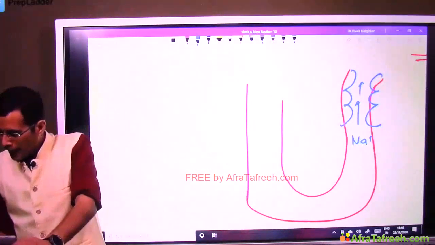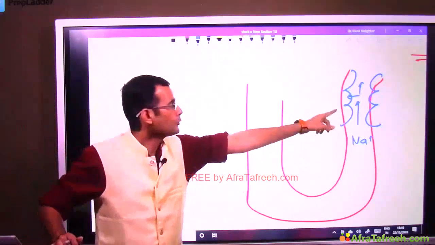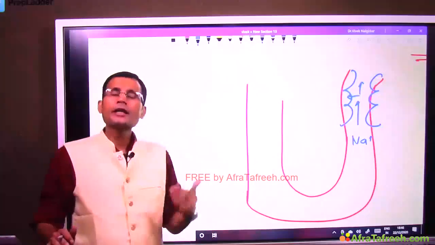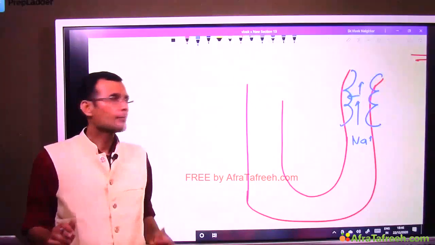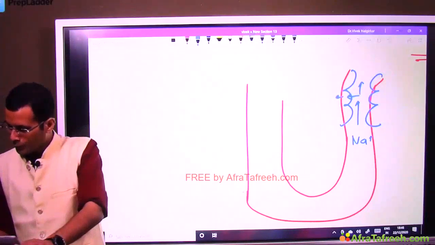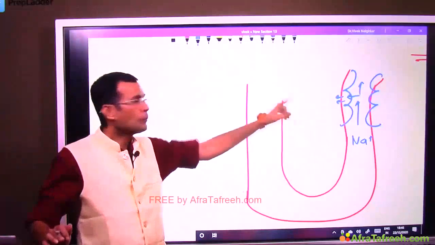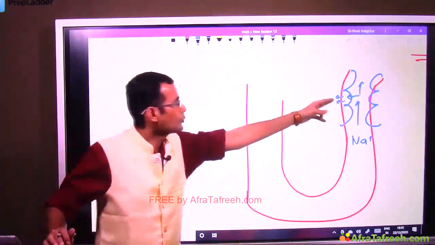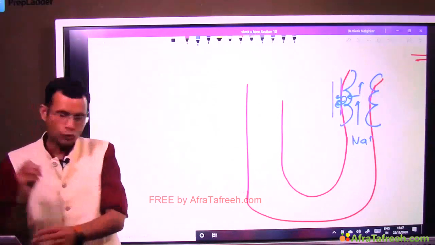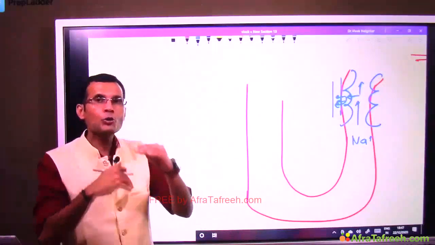This sodium has first to enter from the lumen the cell lining the tubule. There are transporters NKCC or NCC, and then on the basolateral membrane there is the sodium potassium pump, which will then take the sodium from inside the cell, and finally sodium gets reabsorbed into the blood.